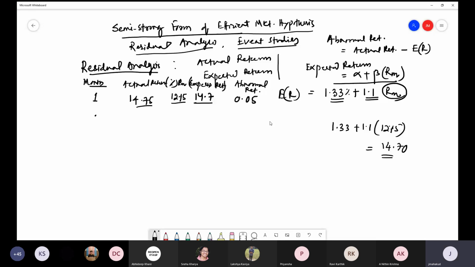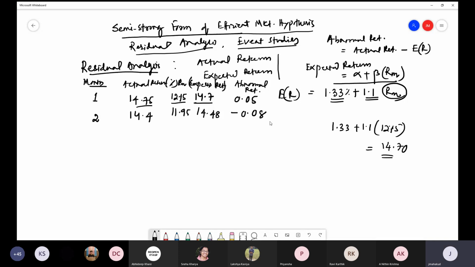Let for the second period, your actual return you got 14.4, market return was 11.95, and using this you can get your expected return, let's say 14.48. Then your abnormal return has become minus 0.08.